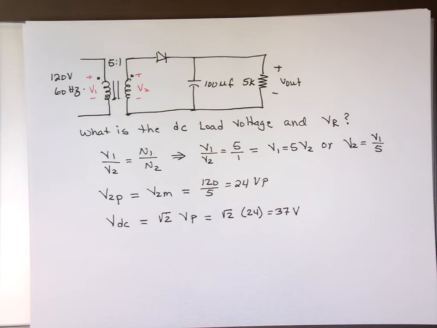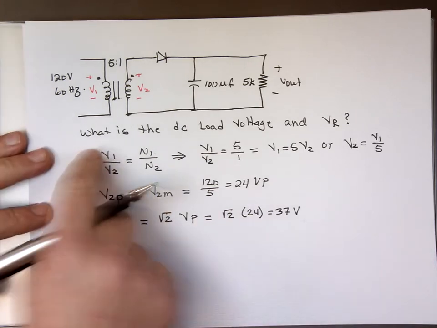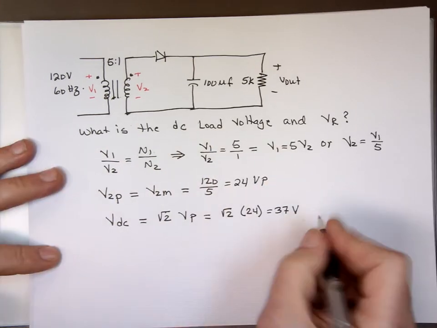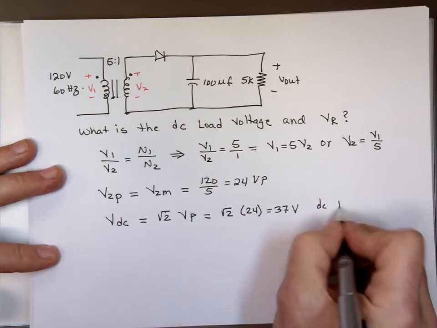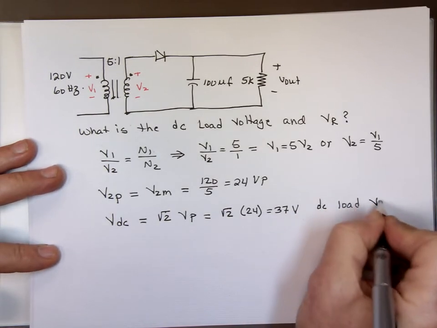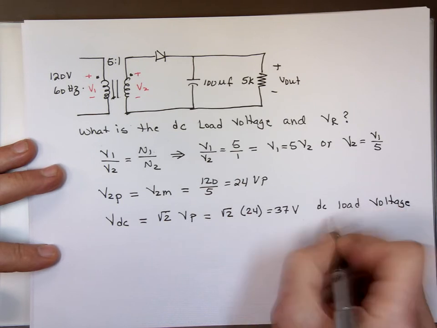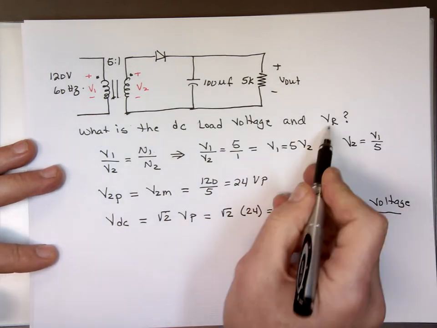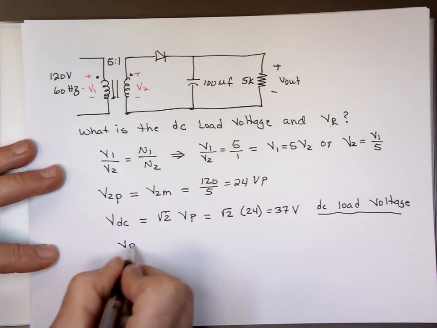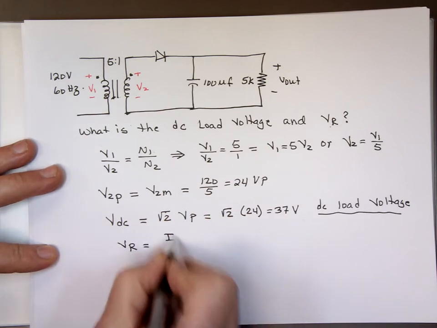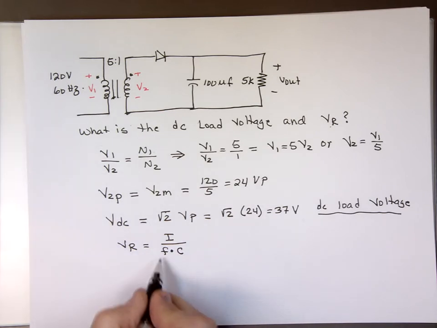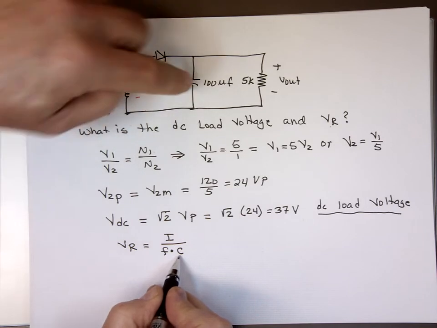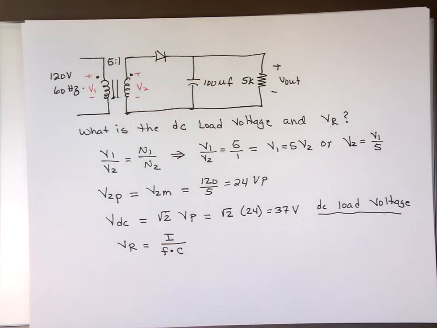Now the question is, what is the DC load voltage? We got that. That's your DC load voltage. And the second part of the question is, what is VR? Well, VR is the current I divided by the frequency times C. I know the frequency. Now I know C. What is I? Well, I can use Ohm's law to find I. I know the voltage right here, these two in parallel.